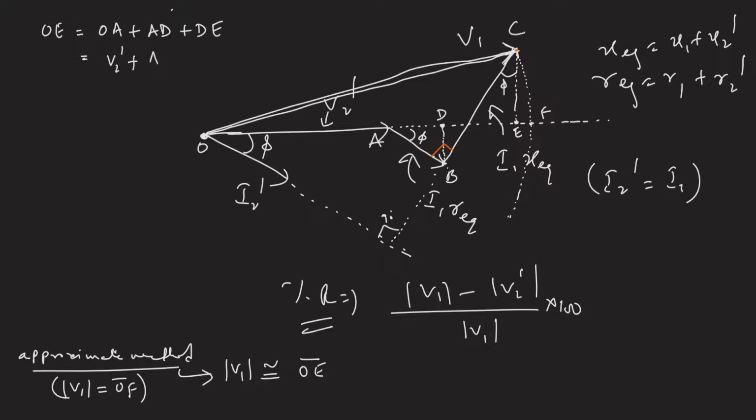What is AB? AB is I1 R equivalent into cos phi. And what is DE? See, I will draw one more line here.